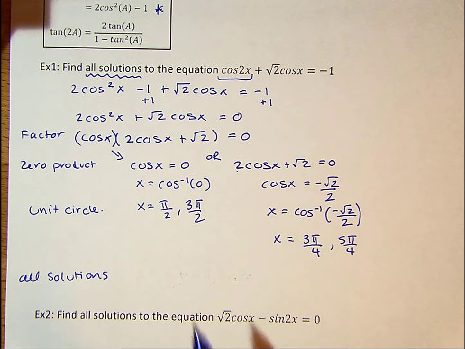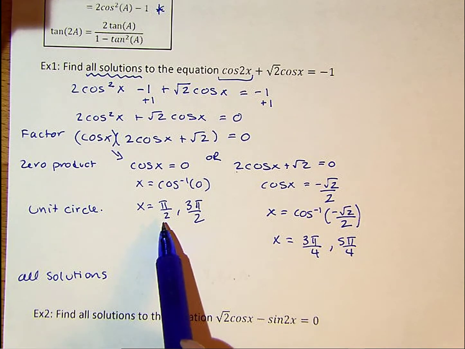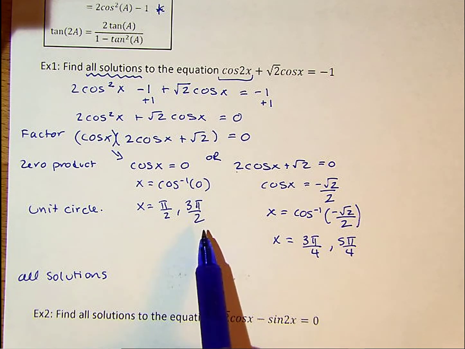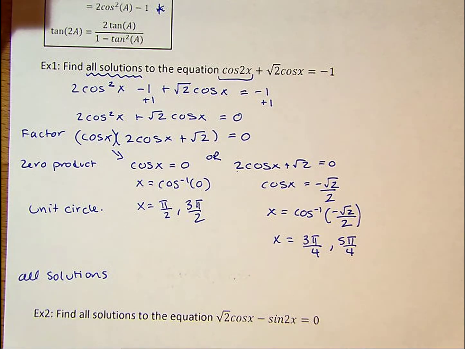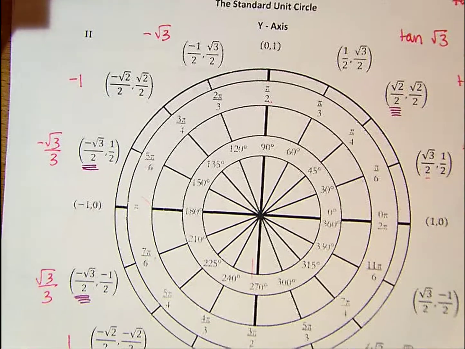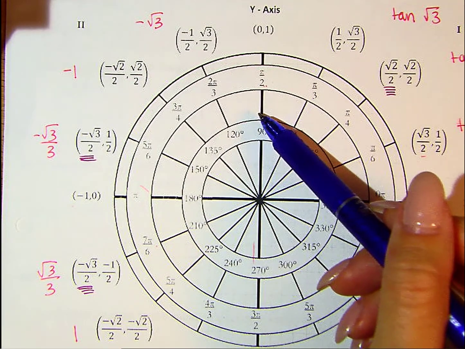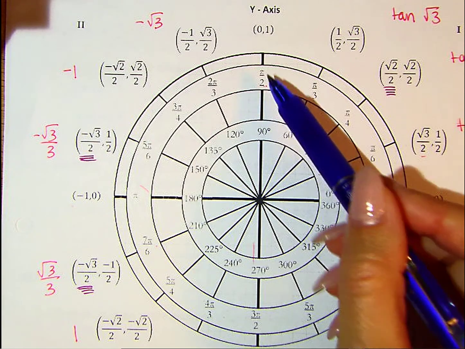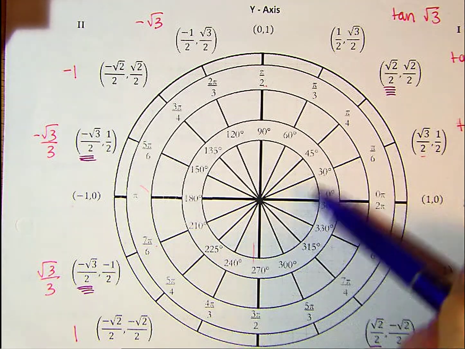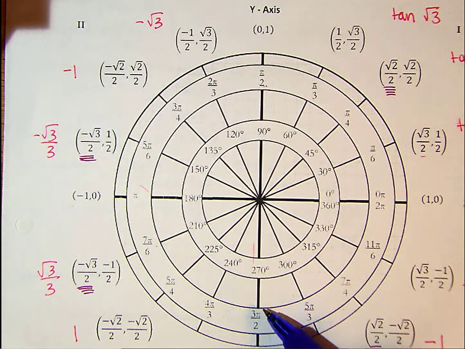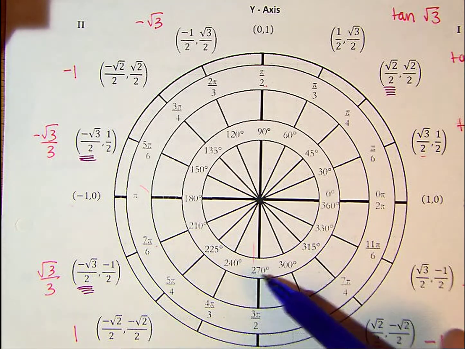When we go to all solutions, recognize that with our pi over 2 and 3 pi over 2, those are actually on the y-axis, both of them. And we can simplify our notation at the end rather than writing pi over 2 plus 2 pi k and 3 pi over 2 plus 2 pi k and having two different equations there for our solutions.